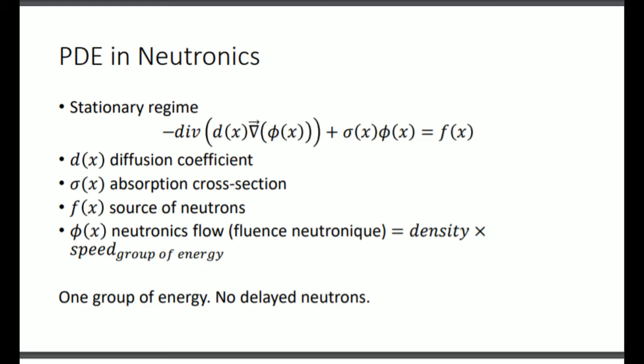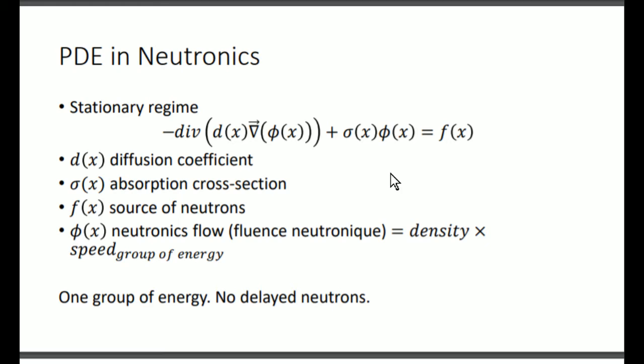And just as a quick reminder, the fluence neutronique represents a density of neutrons times the speed for its group of energy.